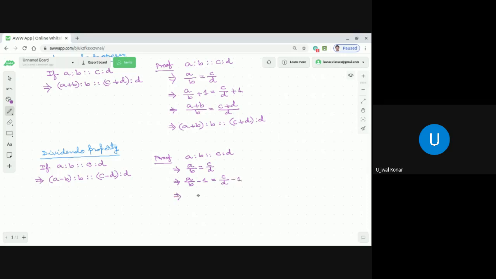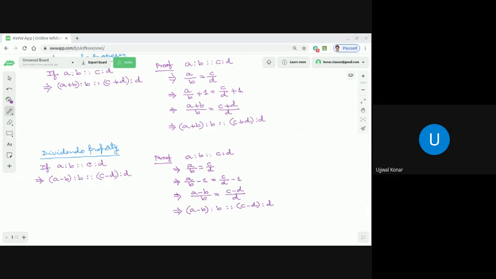This implies A minus B by B is equal to C minus D by D. This implies A minus B is to B is equal to C minus D is to D. Hence the proof of the dividendo property.